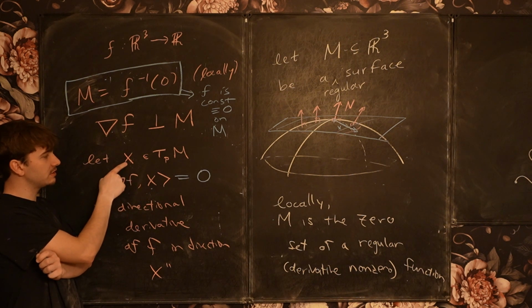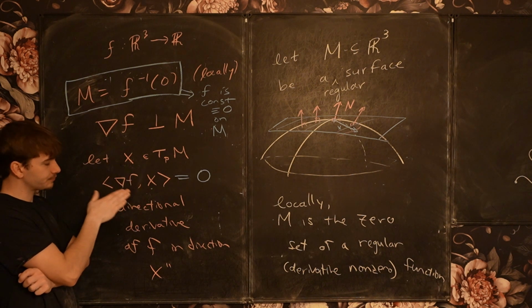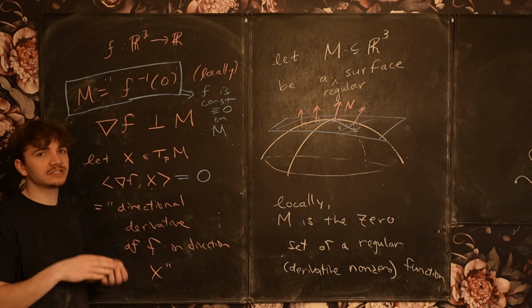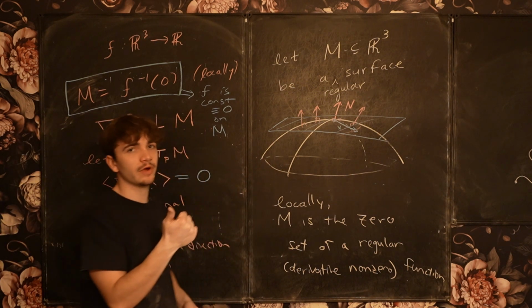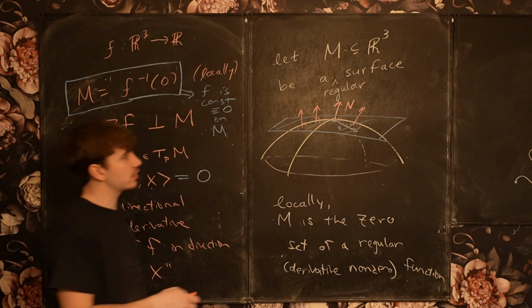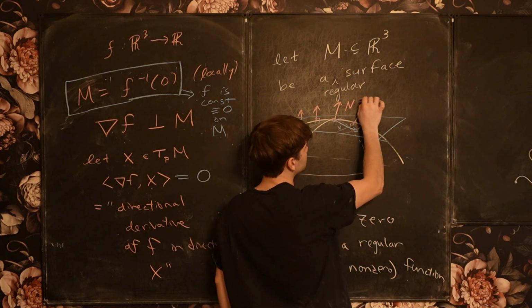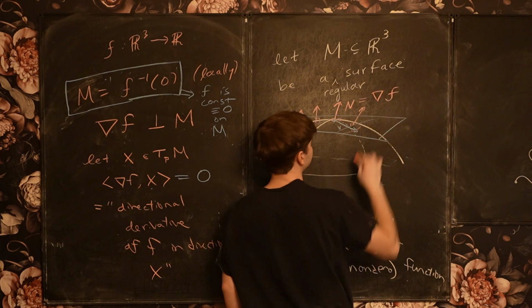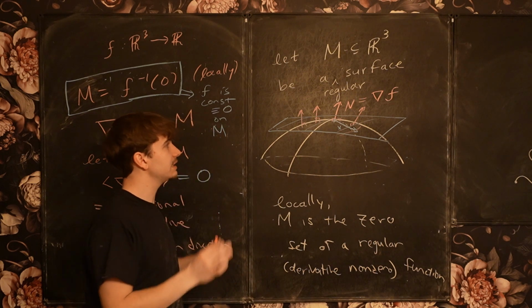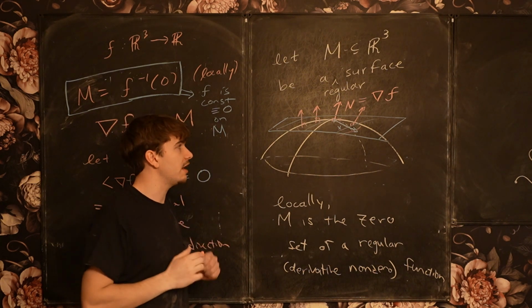First of all, this is the definition of the tangent plane to the surface: it's everything orthogonal to the gradient vector of f. But that also tells me that the gradient vector of f is actually just the normal vector. Okay, so the normal vector to the surface is exactly the gradient of f.